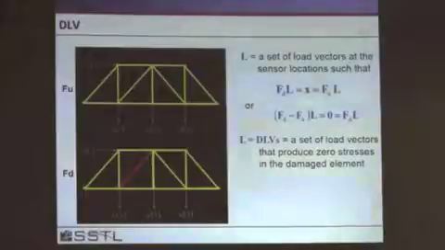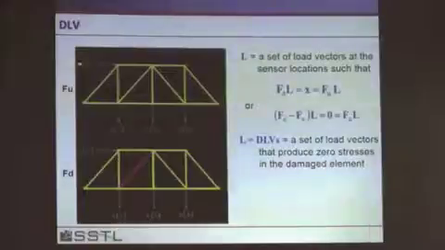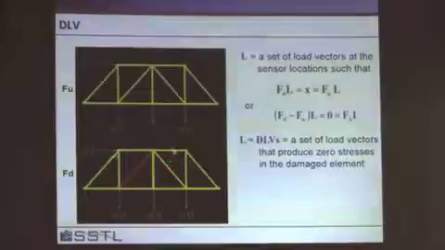How does this work? So I calculate the flexibility matrix using system identification techniques. I've got a baseline, and then periodically I come back and I calculate it again, and I calculate these load vectors. What is the main idea if I apply a load to this structure and I apply a load to this structure which has damage in it, and I get the same displacements?